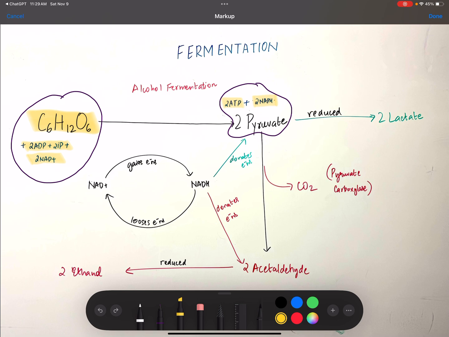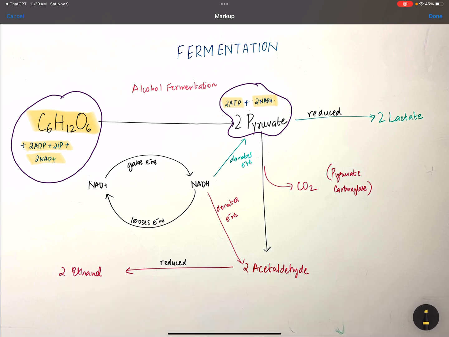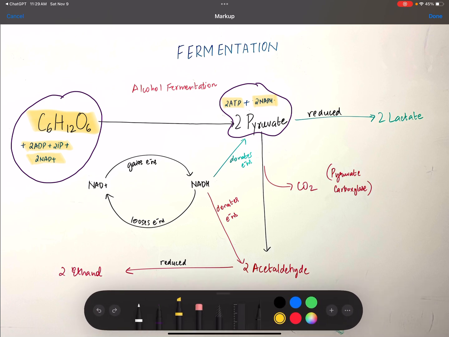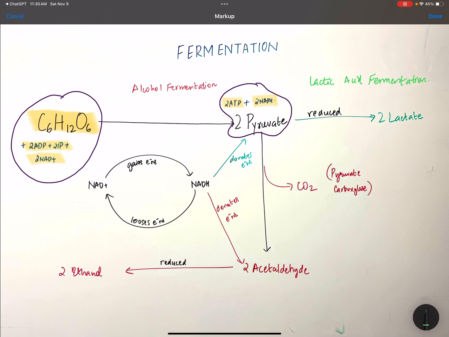So, the glycolysis stage is common to both alcohol fermentation as well as lactic acid fermentation. Okay, from now, after glucose has been converted to 2 pyruvate molecules, also note that in this process, NAD plus also has to gain electrons to get converted to NADH.